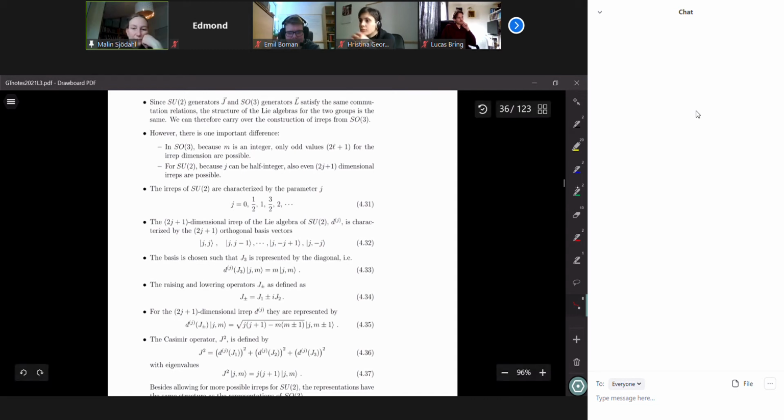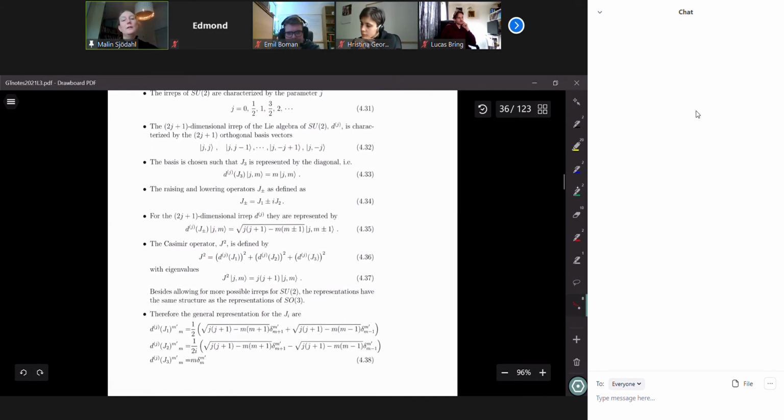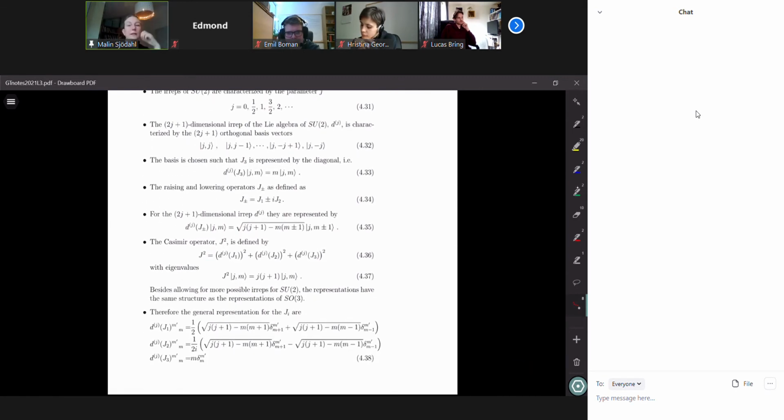We construct them in such a way that d^j of J3 on the state |j m> is m times the same state. And we can also define the raising and the lowering operators as we did before. So we have J plus and J minus, which is J1 plus minus i J2.